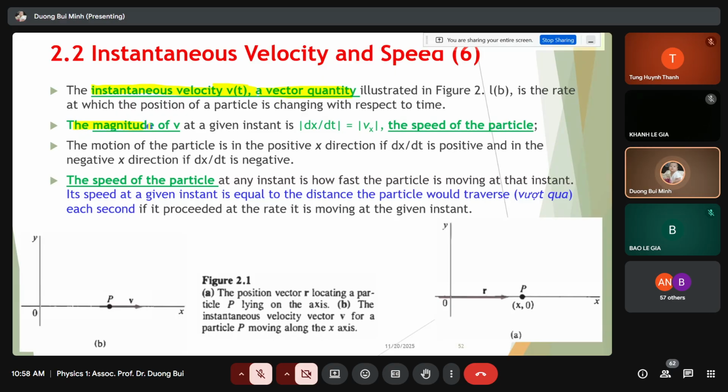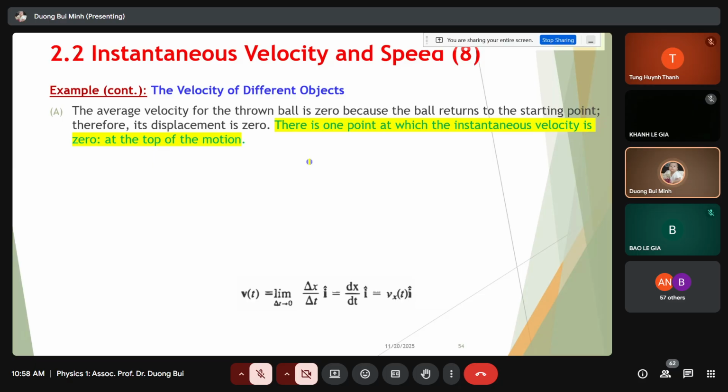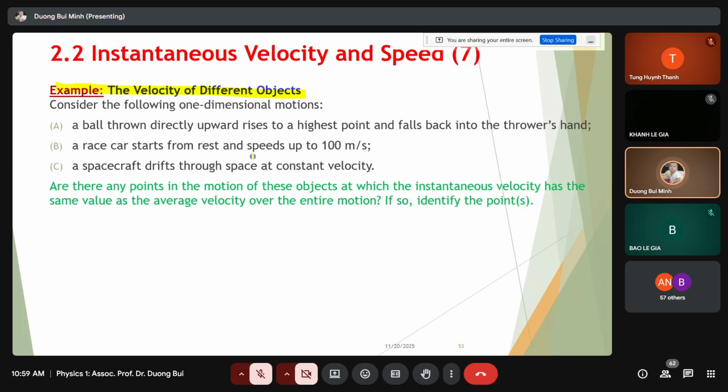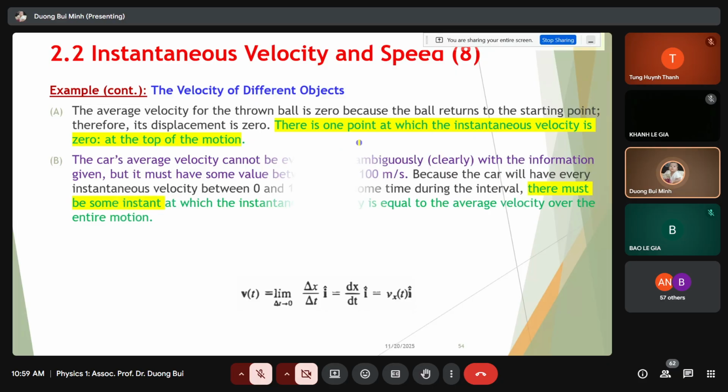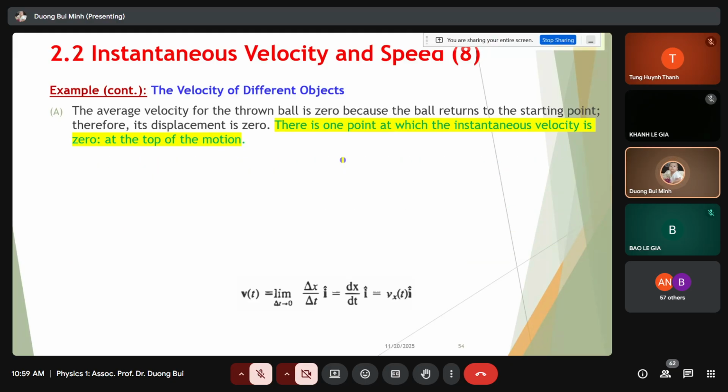The magnitude of v at a given instant is the speed of the particle. We have some examples here for your reference. You need to think about this example for yourself. It's very easy. We don't have more time, so I will just explain it very quickly.